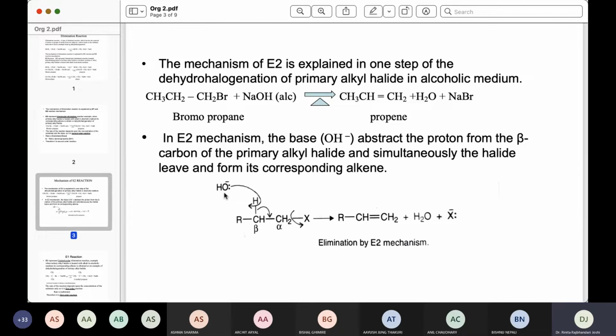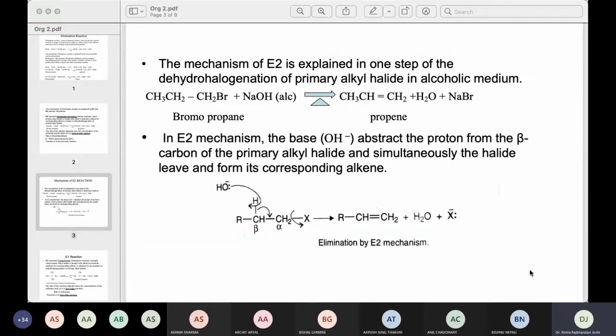So in this case, as this hydroxide abstracts the proton, it is said to be the base. The one which gives the proton is the acid, and which accepts the proton is the base. Which concept is it: Lewis's concept, the Arrhenius concept, or the Lowry and Bronsted concept?